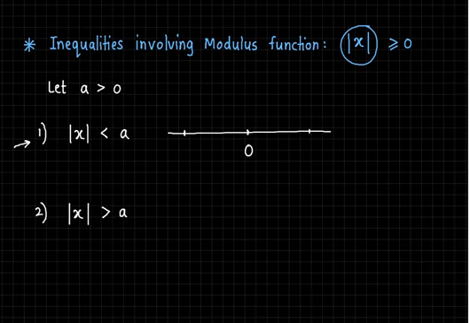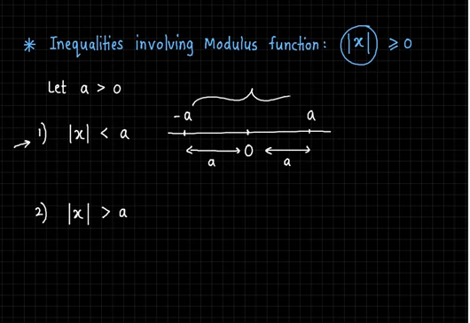It may be possible that x lies either on the positive side or negative side, but it has to be within a distance of a on both sides of 0. So on the right side it must be less than a, whereas on the left side it must be greater than minus a. In other words, x must lie between minus a and a.